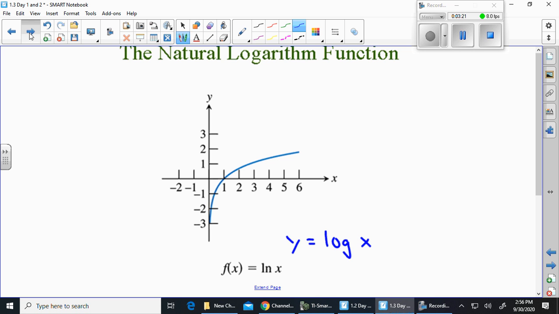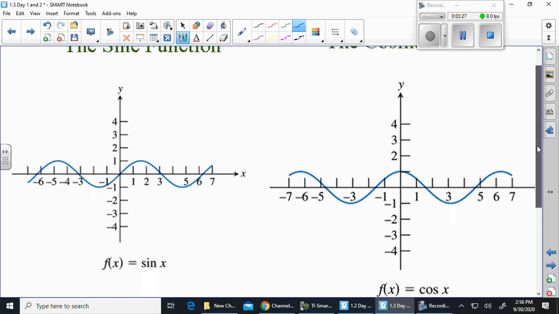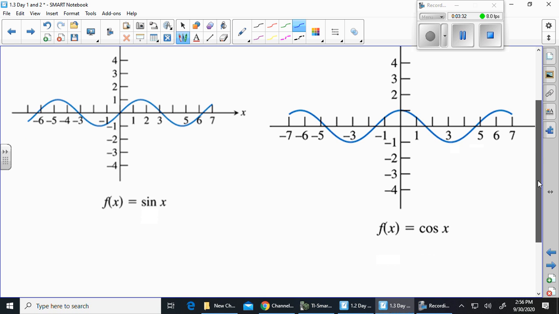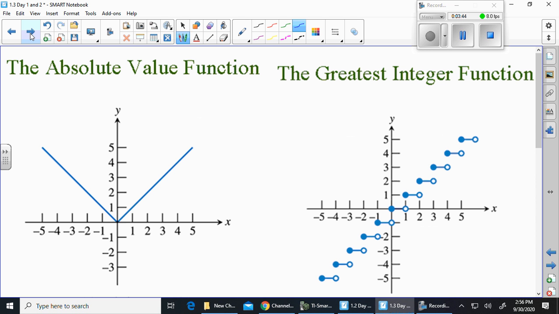Doesn't matter. Sine and cosine, which we did not do, but you will see they are a little bit different in that one is even and one is odd. So their symmetry is different because of where they start. Absolute value, we did.